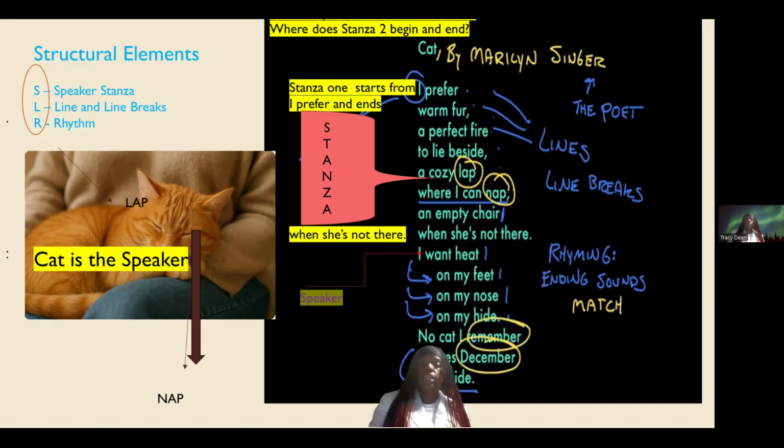Again, we're looking at what we call the stanza. Stanza starts from the word I prefer, and it ends at the word there. So it starts on the word I and ends at the word there.